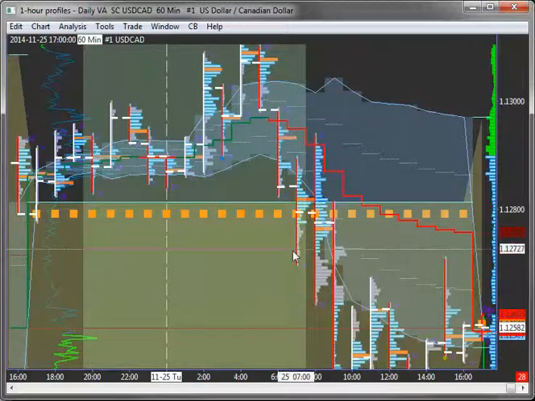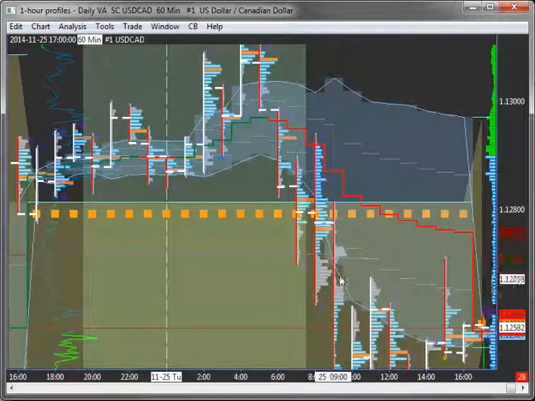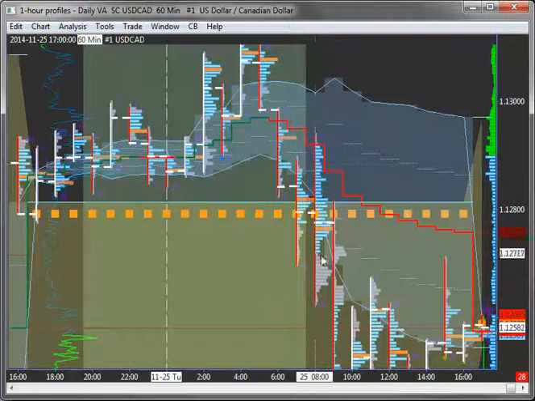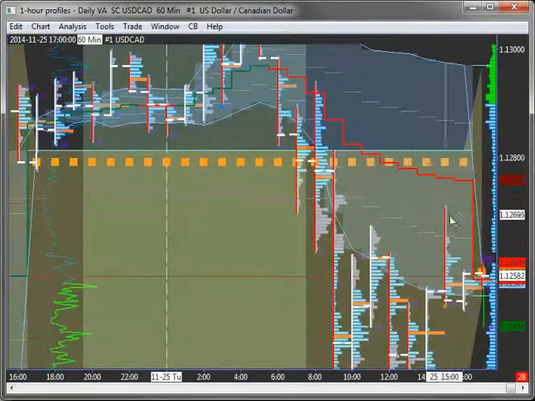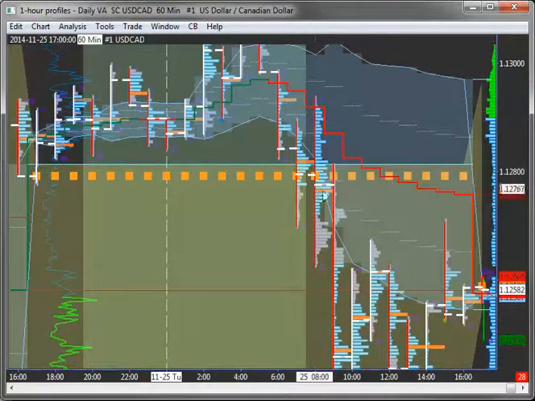And you could see from the 7 o'clock bar and the 8 o'clock bar, it not only closed inside of yesterday's value area, you could start to see some acceptance being built there. And this 8 o'clock bar has a very nice profile, because you see how it's elongated, but it's nicely even.